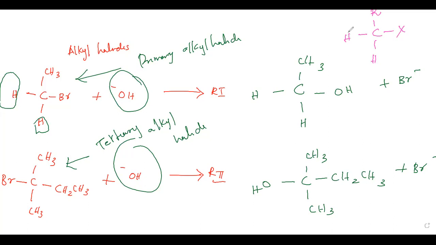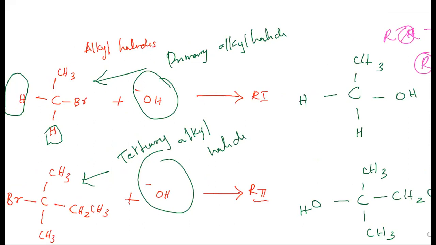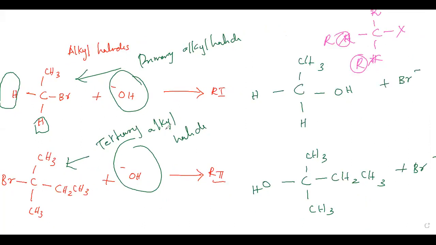Again, the secondary will have 2 R groups with 1 hydrogen. Tertiary means all are R groups. So this is a primary alkyl halide, this is the tertiary alkyl halide. Always the primary alkyl halide is only a one step reaction.